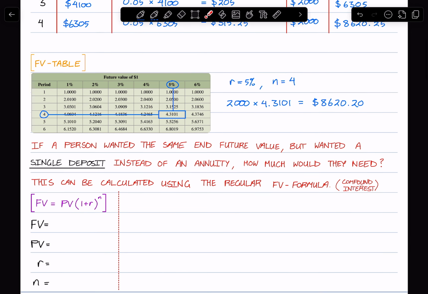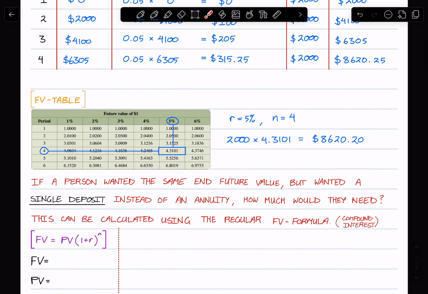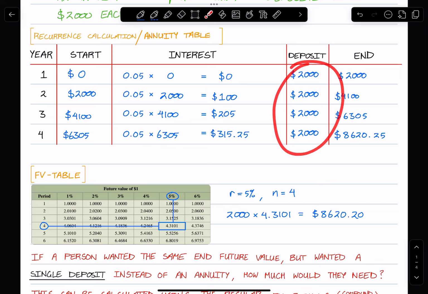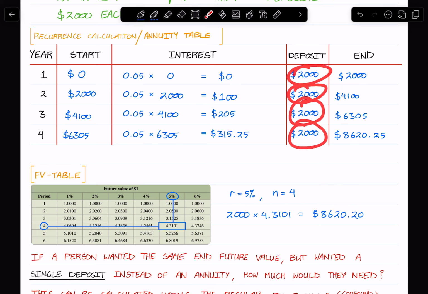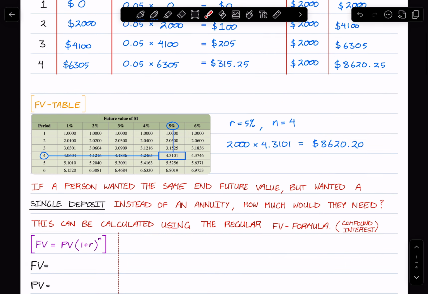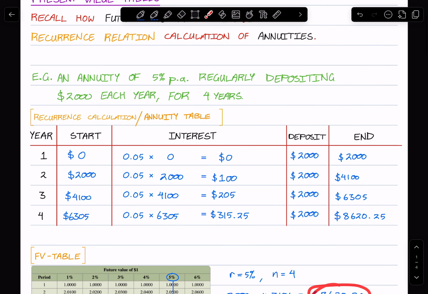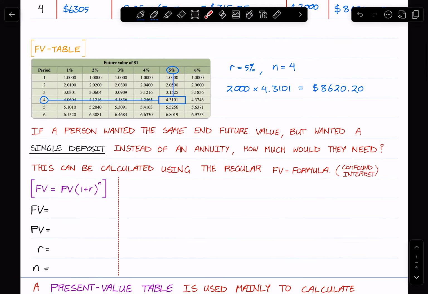How much would they need? So, emphasizing again, instead of 4 different deposits of $2,000 at 4 different years, what single deposit will give me the same result on these same investment details?